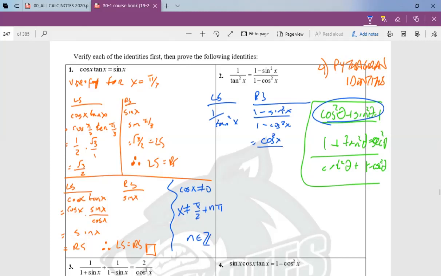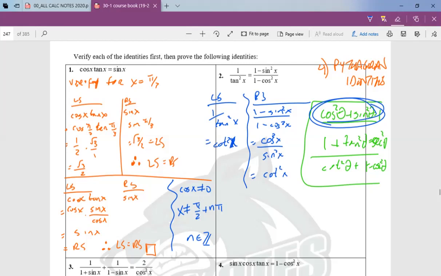1 minus cos squared x in the denominator. If I subtract cos squared from both sides of this, this is equal to sine squared x. And just tidying this up, this is equal to cotangent squared x. That's pretty much as simplified as the right side gets. The left side, 1 over tan squared, easy, cotangent squared x.